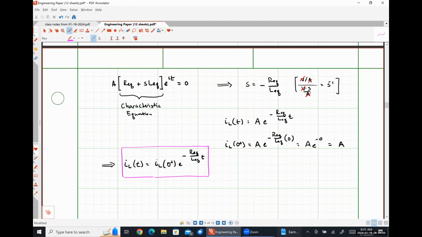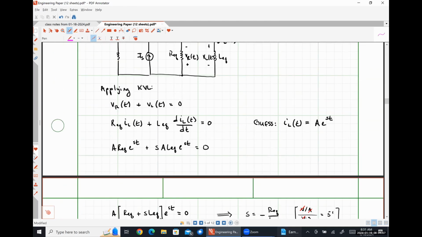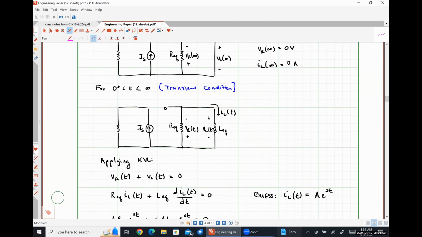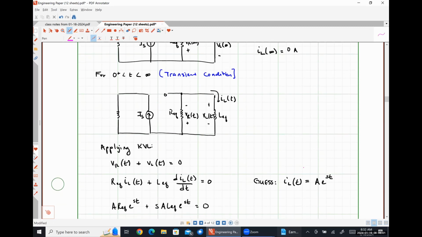Now, I want us to go back to this diagram. So we figured out what general shape our inductor current is going to have. With that in mind, what's the voltage drop across our resistor going to look like? Let me put this out here in blue, okay?